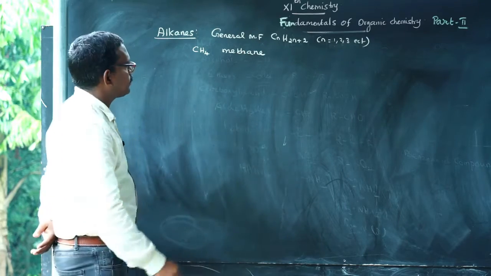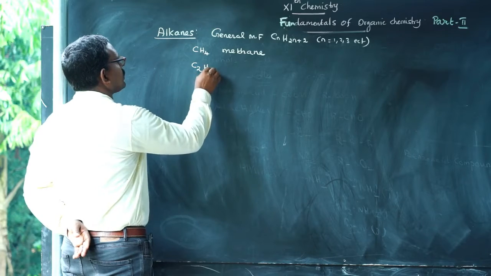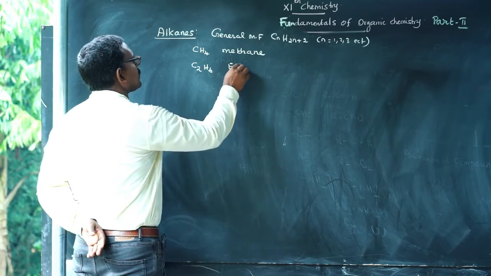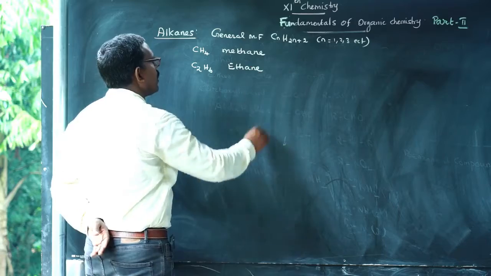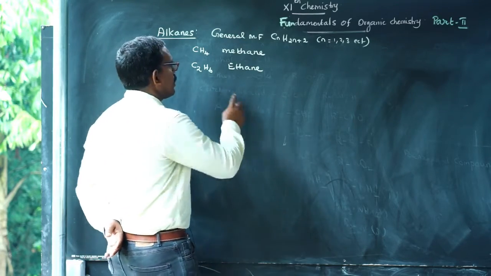The second member is C2H6, it is ethane. How to write the structure for this compound?